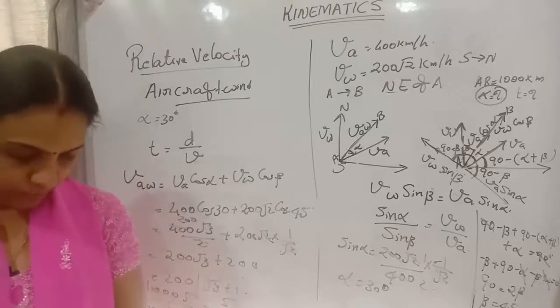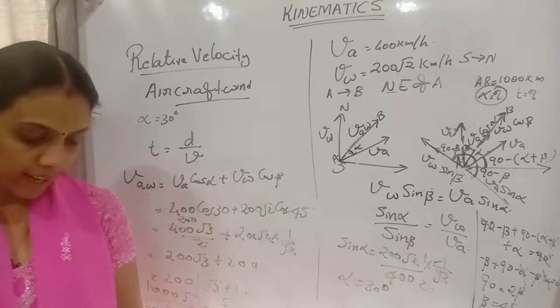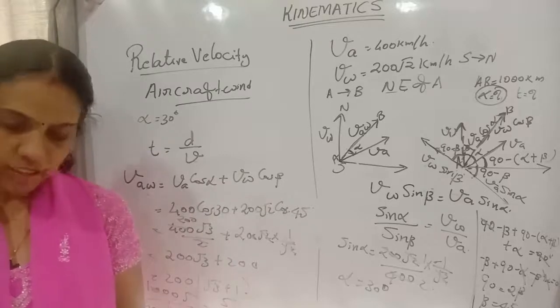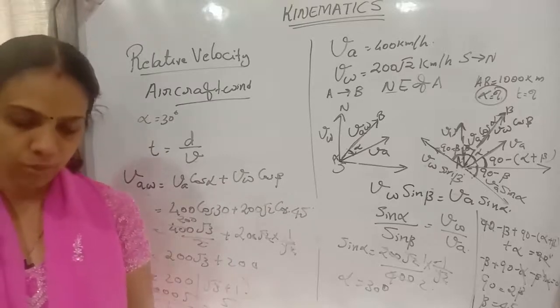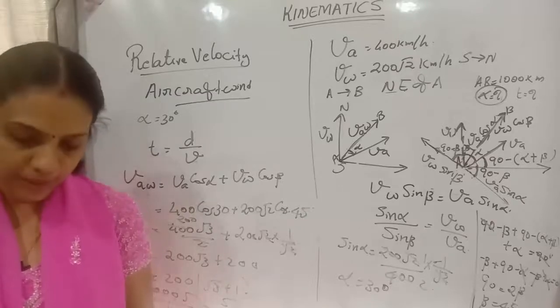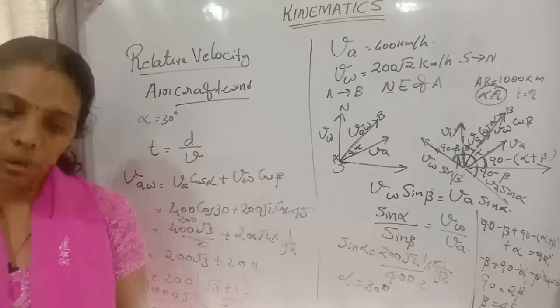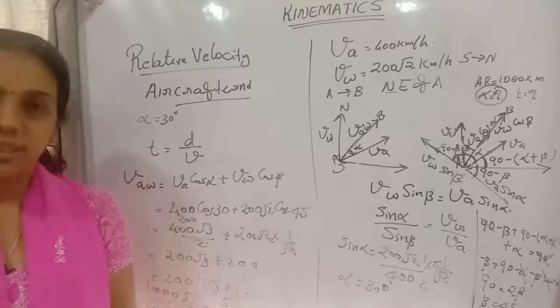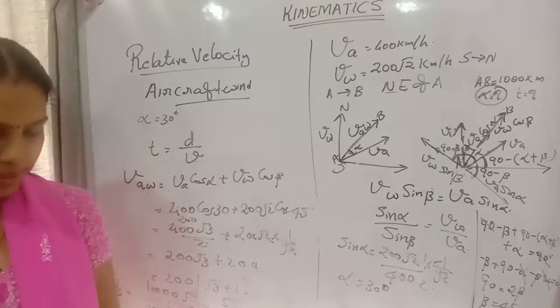So here the question is: an aeroplane has to go from a point A to another point B 500 km away, due 30 degree east of north. Wind is blowing due north at a speed of 20 meter per second.